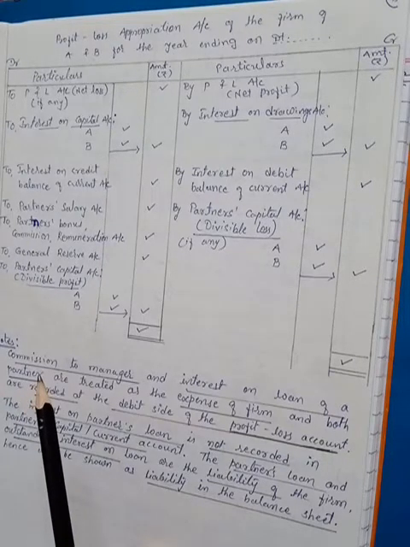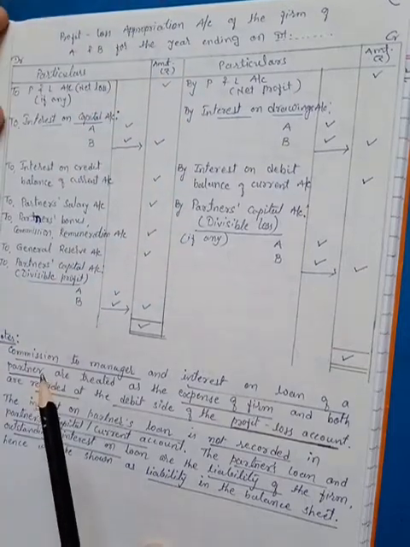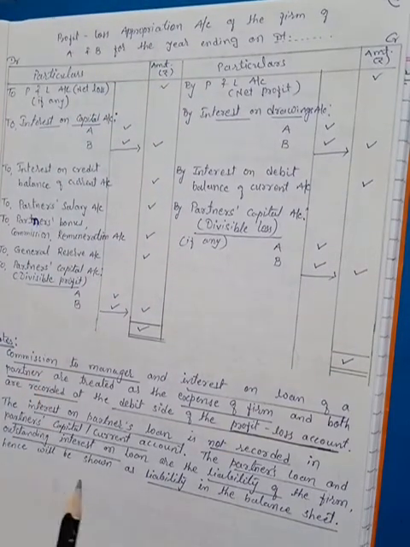But interest on loan of a partner is considered a liability for the firm, outstanding interest on loan of a partner. So it is to be recorded in the balance sheet on the liabilities side, and it is not recorded in the partner's capital or current account. So that you have to keep in mind.